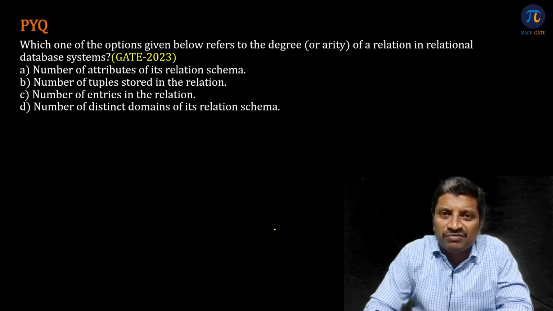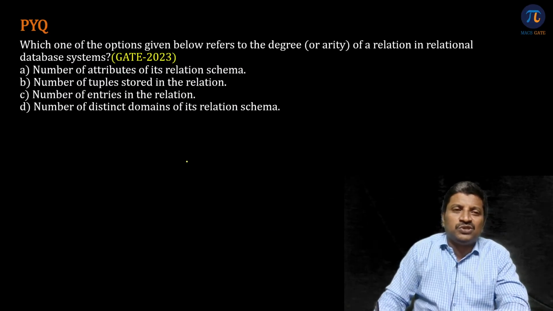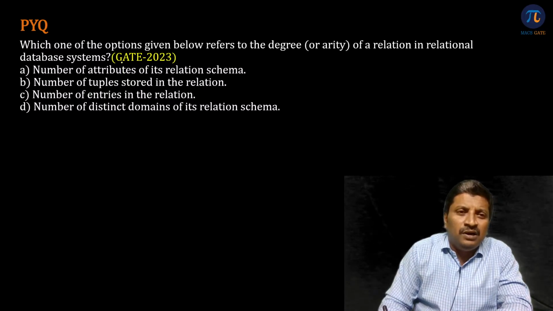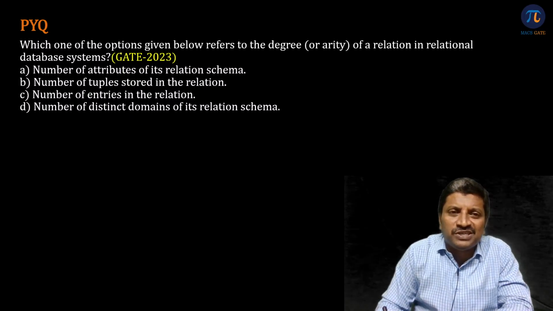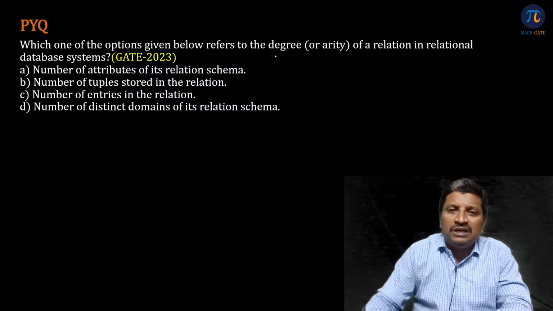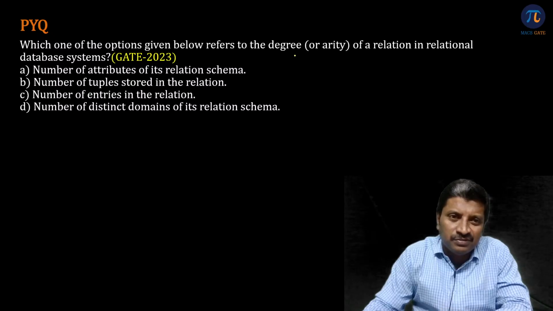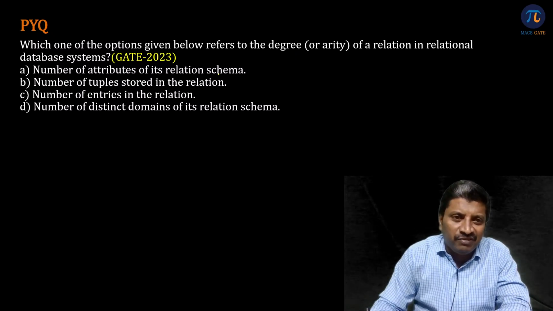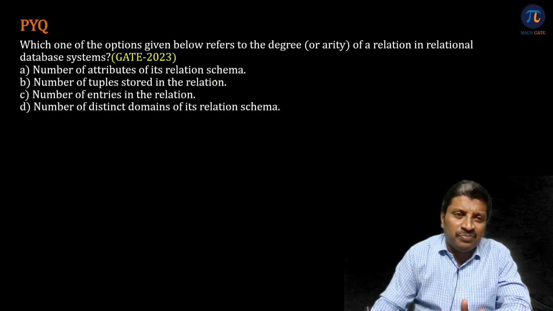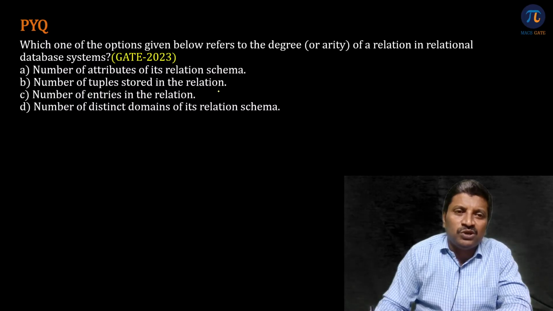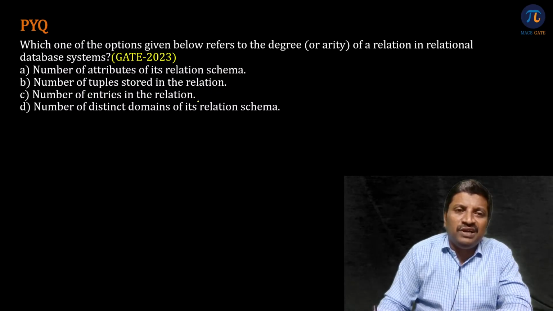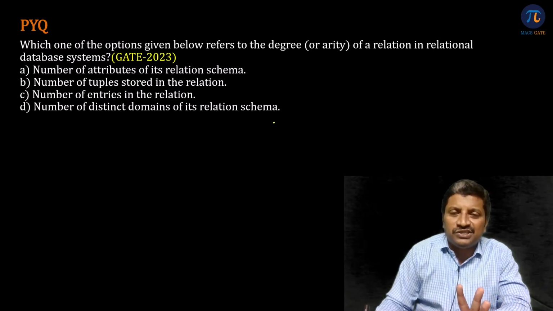So let us solve one of the previous questions. Just go through the question, sir. Which one of the options given below refers to the degree of a relation in relational database systems? The first one is number of attributes in a relational schema, number of tuples stored in the relation, number of entries in the relation, number of distinct domains in the relation schema.